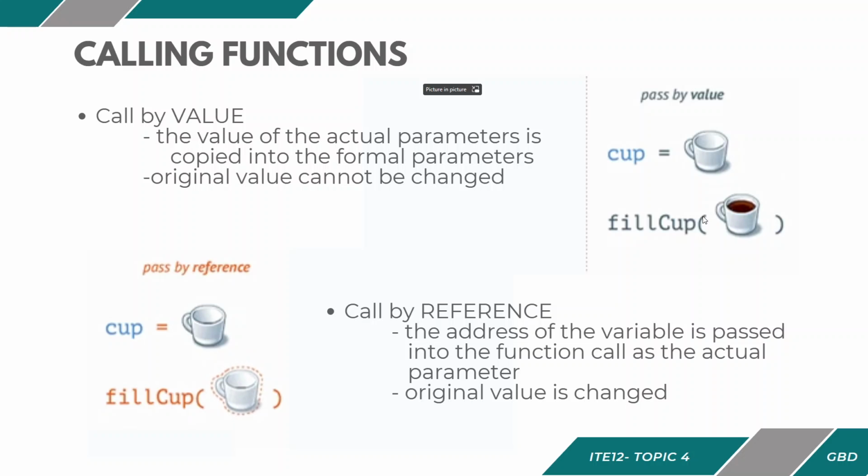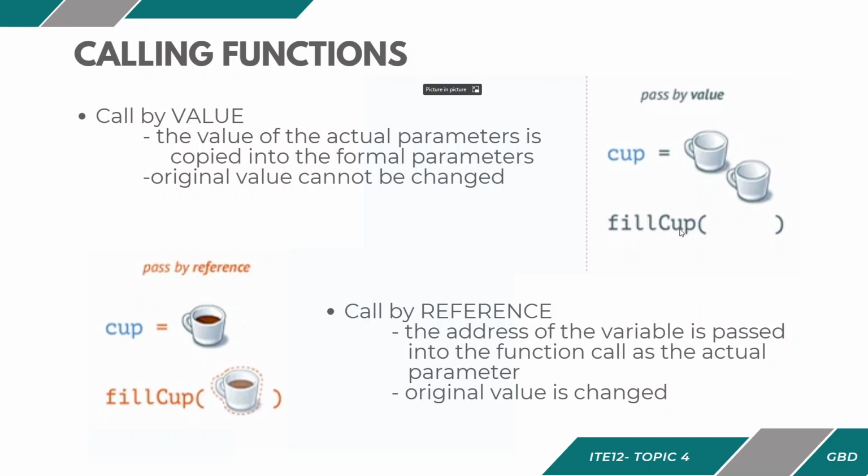What it does is it manipulates the value of cup. It puts a value in it, fills cup with a value. So you see that cup was filled, but because the value is applicable only within this function, the value of cup in our main function was not filled or manipulated.